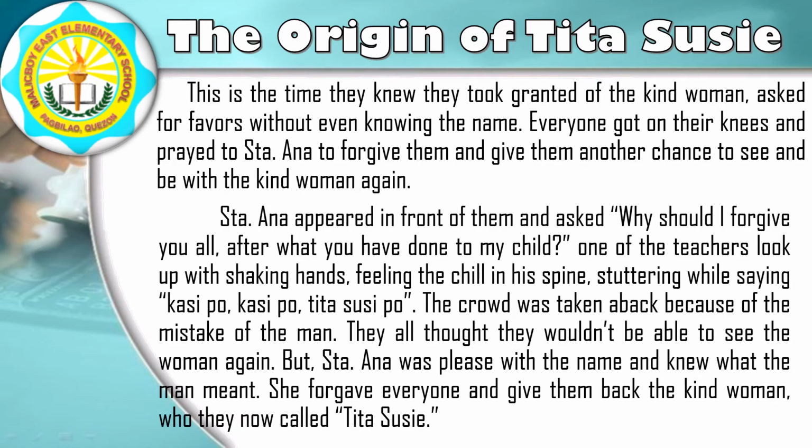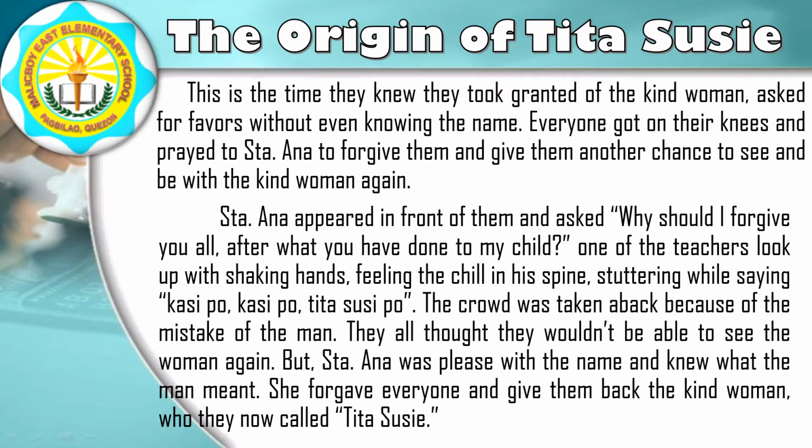Santa Ana appeared in front of them and asked, "Why should I forgive you all after what you have done to my child?" One of the teachers looked up with shaking hands, feeling the chill in his spine, stuttering while saying, "Kasi po, kasi po, Tita Susie po."